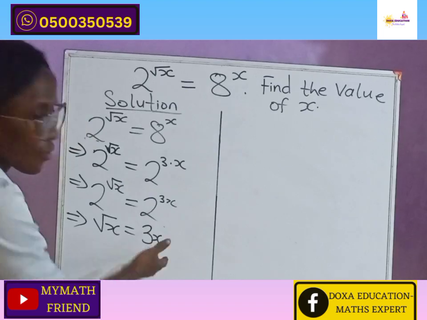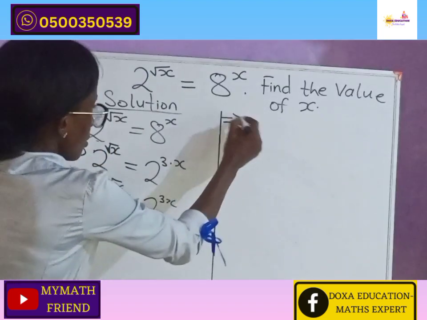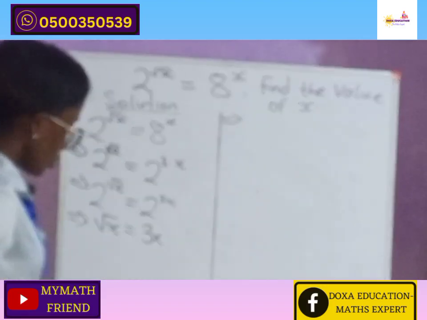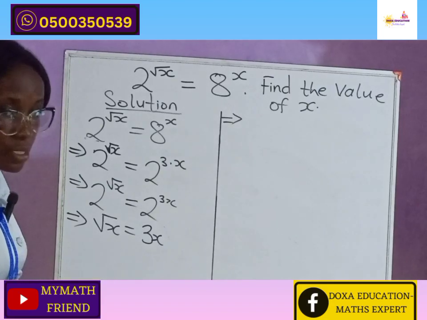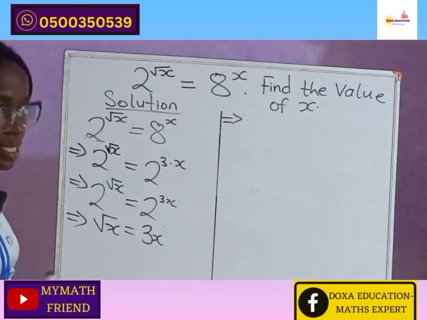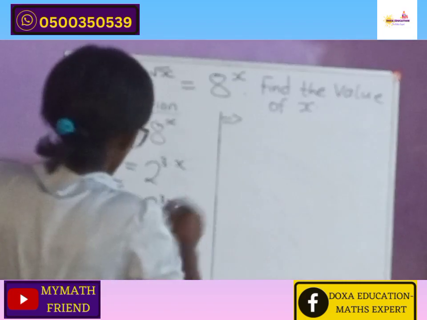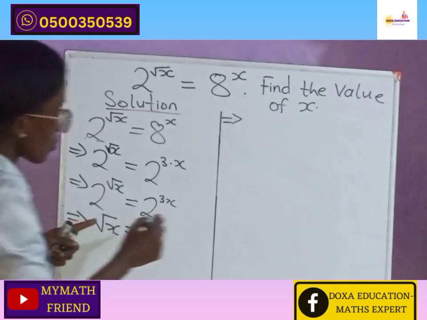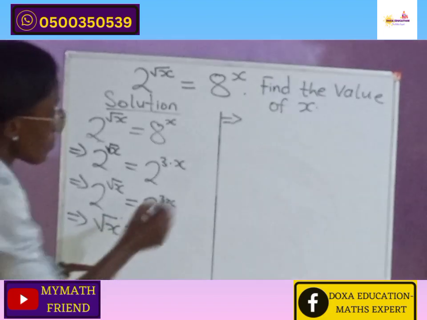Good. Now what do we do from this stage? Let's look at that. We have x on the left, we have x on the right of the equation. We need to organize the x and bring it to one side of the equation. So that is what we are going to do. You see that the x here is in a root, so we square both sides to deal with the square root.